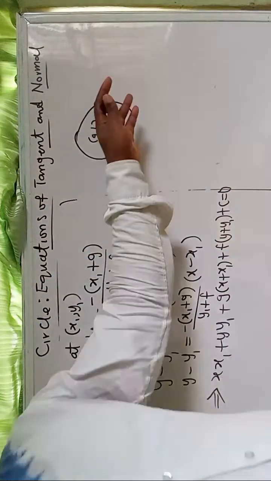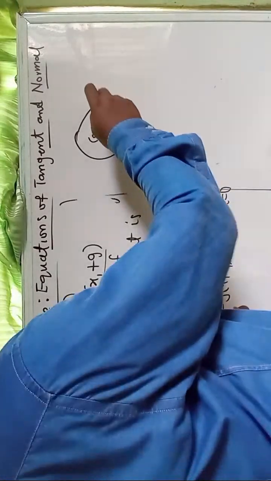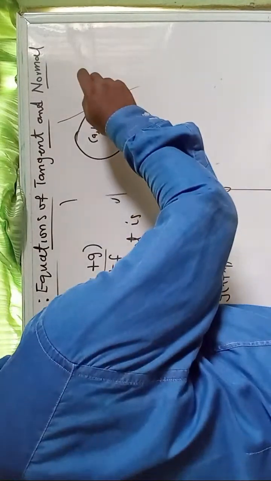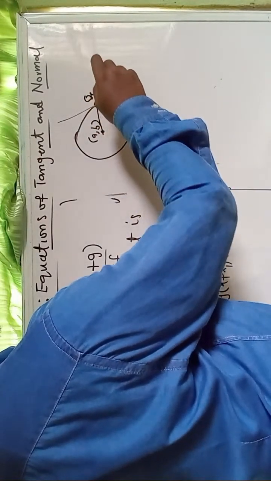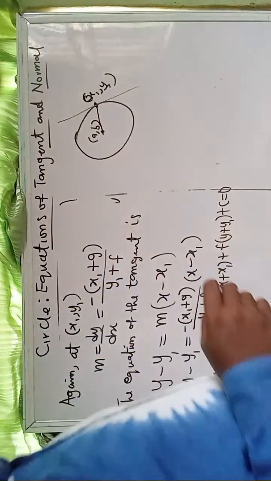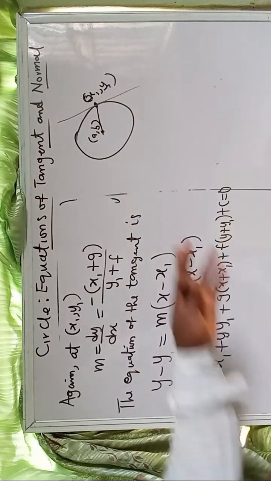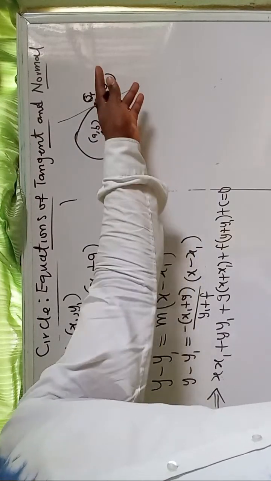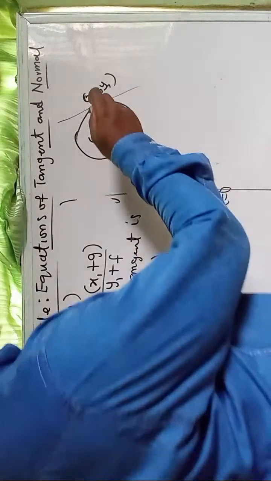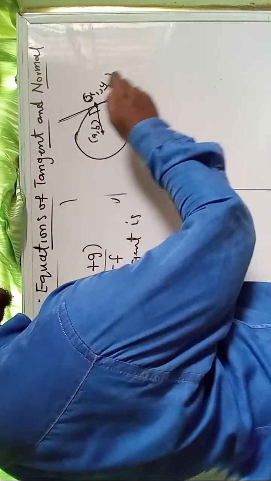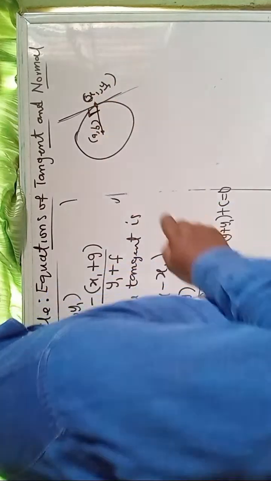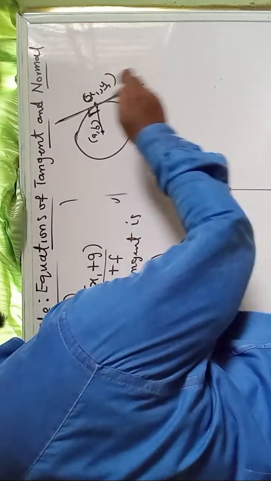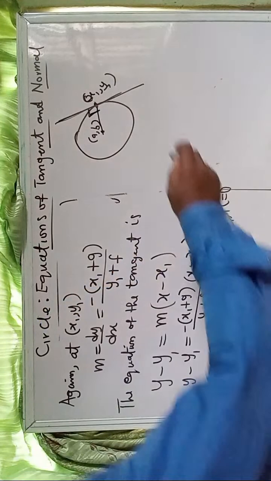This point, where the tangent line touches the circle, has the coordinate x1, y1. So we can get the slope of this line by getting the slope of this, and of course this is perpendicular to this. So the equation of this straight line is this.